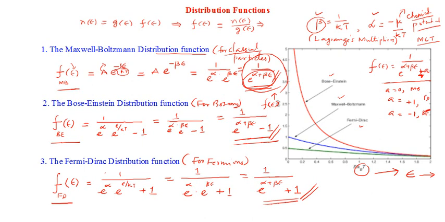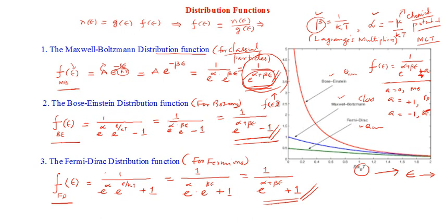This is the classical distribution. This is classical, this is quantum, and this is also quantum. So all the three distribution functions are coinciding in the high energy limit. That is one feature on comparison of the distribution functions.